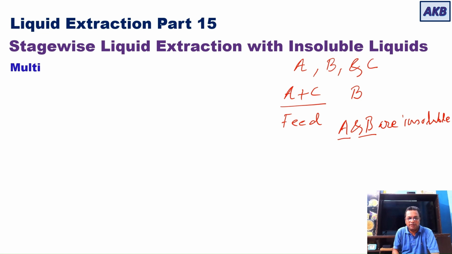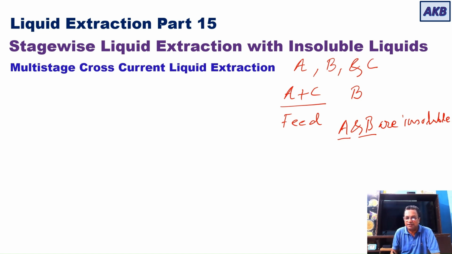Today, I'll be discussing multistage cross-current liquid extraction. We will understand how to take material balance, then how to represent the material balance on the equilibrium diagram, in the case of multistage cross-current liquid extraction that involves insoluble liquids, that is, A and B that are not at all soluble in each other.